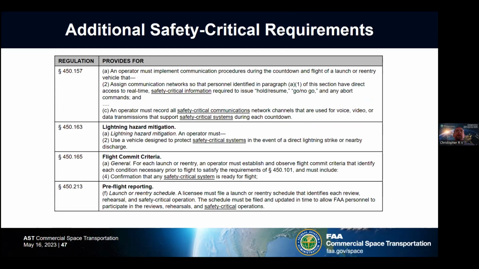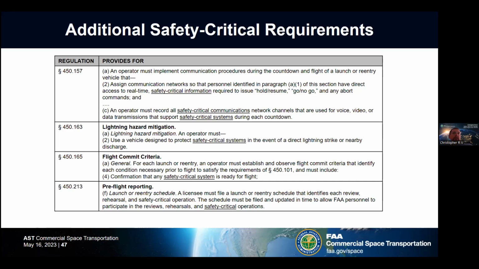450.157, an operator must implement communication procedures and ensure that the communication networks and the personnel identified in (a)(1) have direct access to real-time safety critical information, and an operator must record all safety critical communications that support safety critical systems during each countdown. 450.163, lightning hazards.